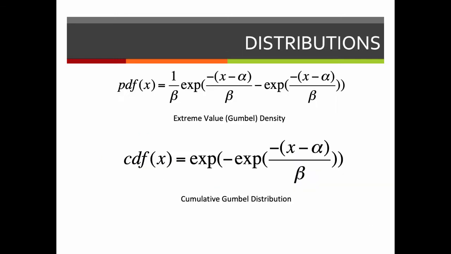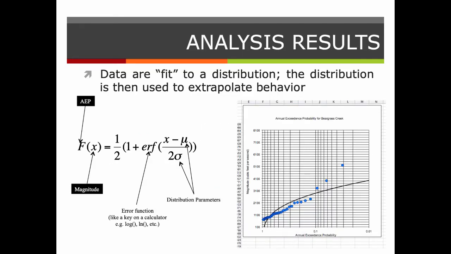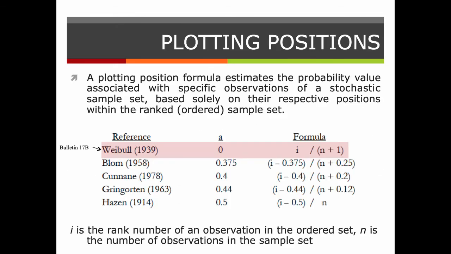The next is how those blue dots get plotted, because it's somewhat suspicious that they're plotted on a probability axis when the data are actually associated with a particular year. And the way it's done is use something called a plotting position. A plotting position formula estimates the probability value associated with specific observations of a stochastic sample set based solely on their respective positions within the ranked or ordered sample set.